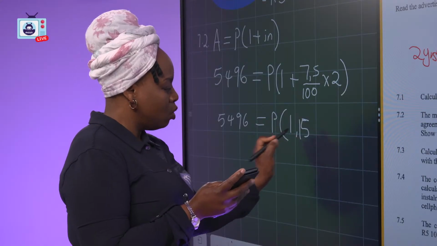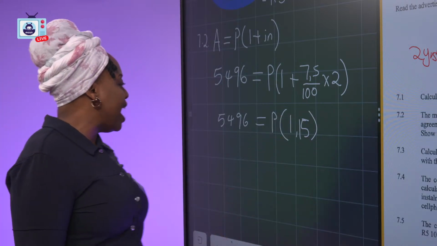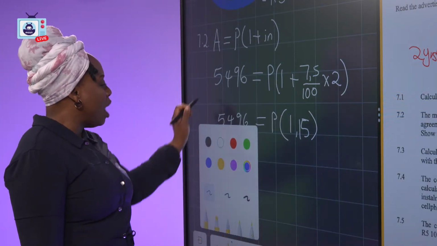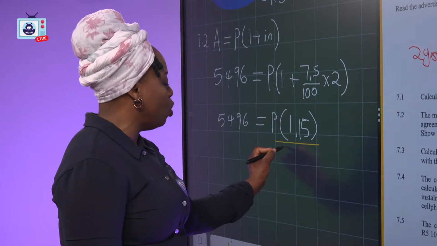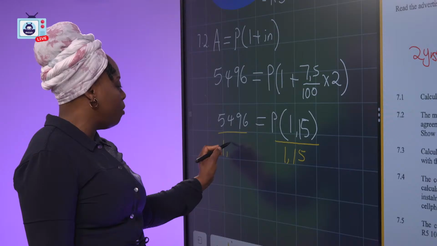So that is 1.15. Then after that, we can divide both sides by 1.15 so that we remain only with P. So let's divide both sides by 1.15.